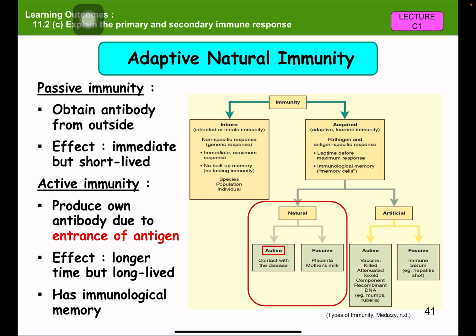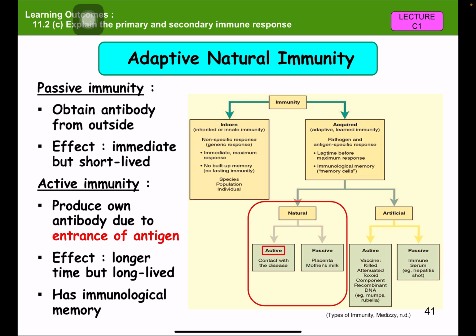Now we go for the adaptive natural immunity. We have two types. The passive immunity, which is obtained from the outside, is very effective and immediate but short-lived.